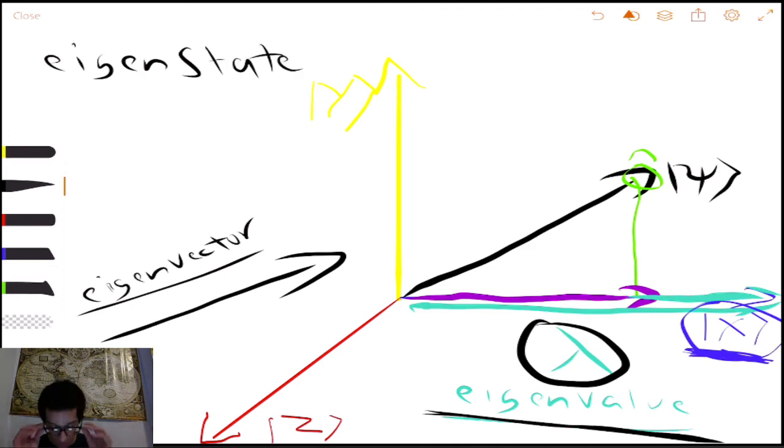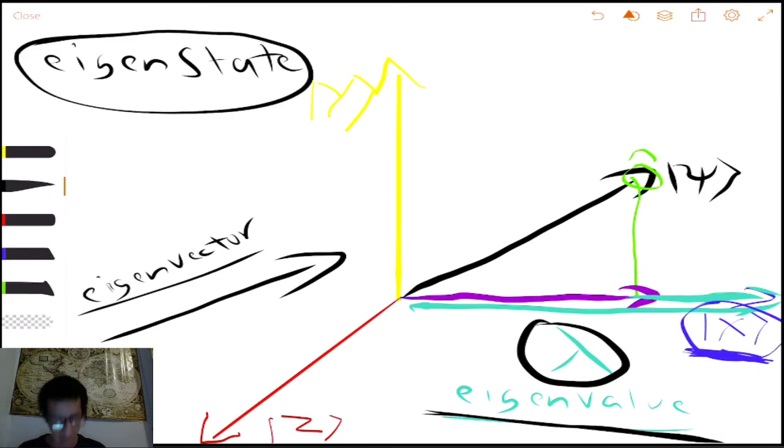We put eigen on it because it's represented by an eigenvalue or an eigenvector, that vector that changed. The eigenvalue of the eigenvector is the amount by which that vector got longer. The eigenstate corresponds to the eigenvalue of the eigenvector. So that eigenstate is the position that you observe that particle to be in.